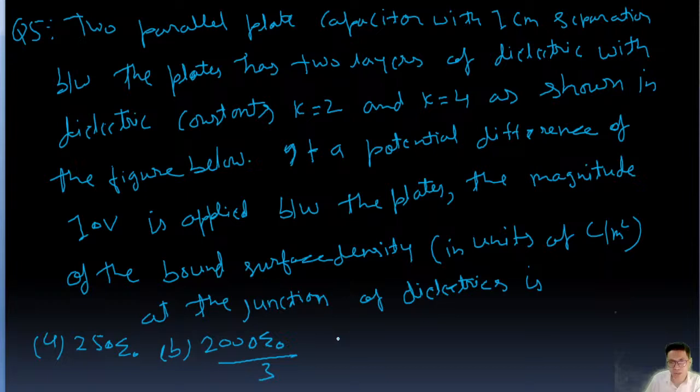Option C is 2000 epsilon 0, and option D is 200 epsilon 0 upon 3. Okay, so these are the options which are given. I'll make a figure, then it will clear your doubt. The figure is given like this.